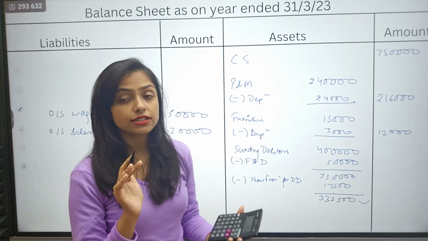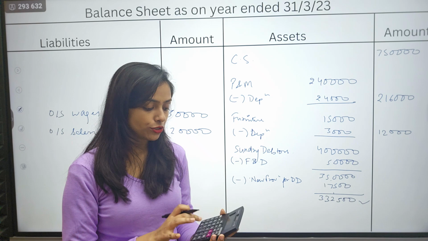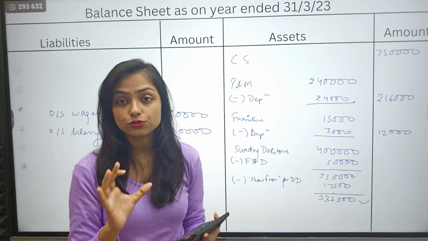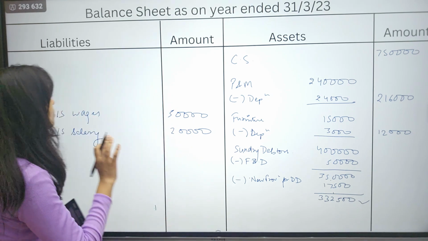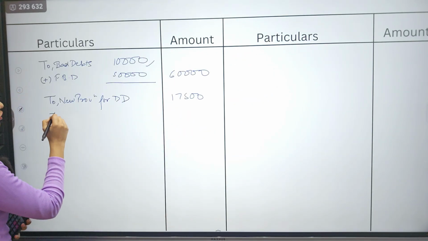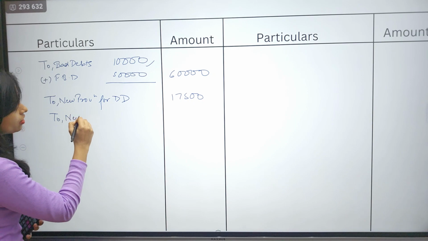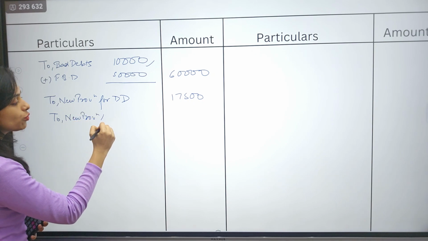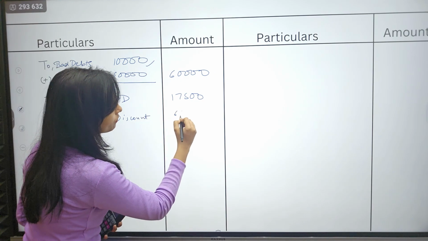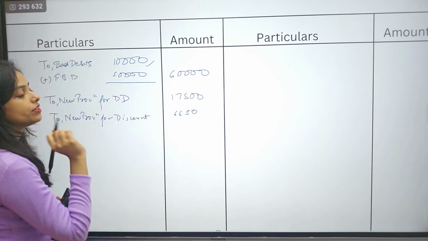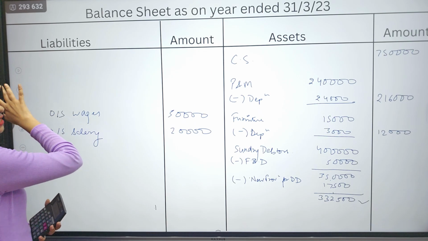So this 2% of discount on debtors we are going to create on this amount, 3,32,500. So let's find it out. It is 6650. How are we going to create it? Any provision that you are creating, any new provision, you will create on the debit side of profit and loss account. So similarly, we are going to create a provision here, just like we did over here. So 6650 we have done.